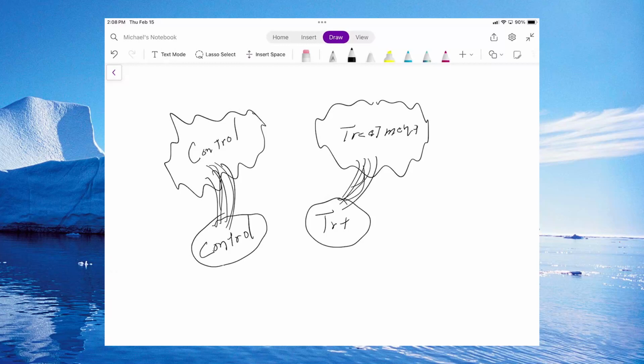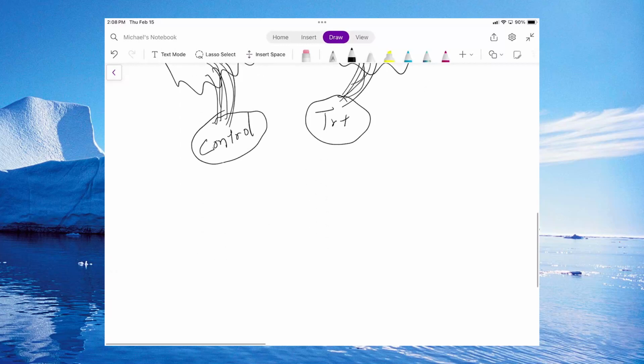So our primary interest is in the mean of these two conditions and how those means differ. We might think that we want to see the difference between treatment and control. I'm assuming here that high numbers are a good thing, and therefore if I subtract in this direction, I'm looking to see if I have a positive number.